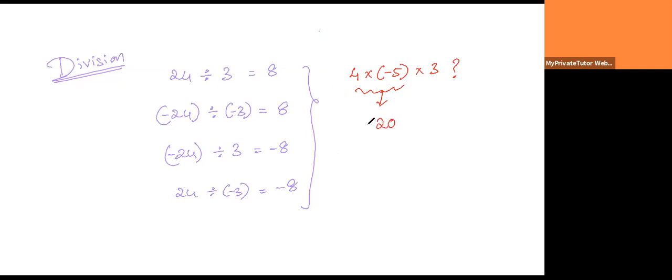Since only one number is negative, we are going to put a negative sign in front of 20, and then we multiply this by 3. So minus 20 times 3, again minus 20 is a negative number, 3 is a positive number, so we'll get the answer in negative. What is 20 times 3, which is 60. So the answer is minus 60.